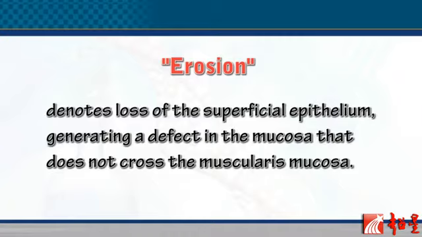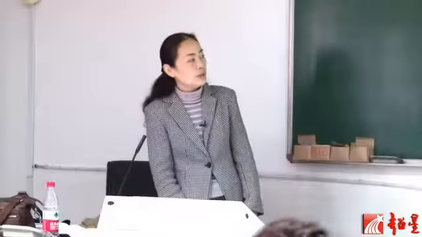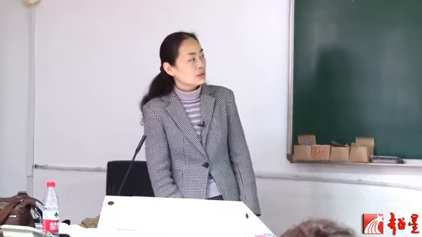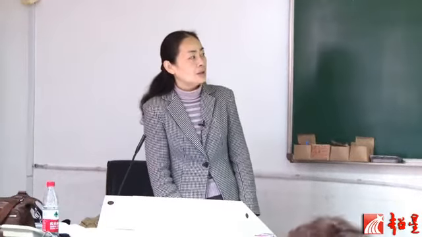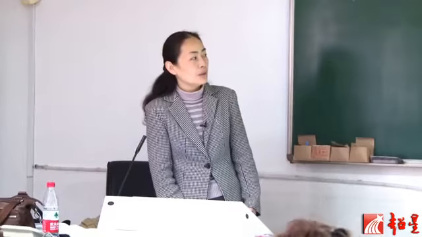When it does not cross the muscularis mucosae, we call it erosion, not ulceration. This is the difference between erosion and ulceration. What's the meaning of erosion? Just the loss of superficial epithelia that does not cross the muscularis mucosae.